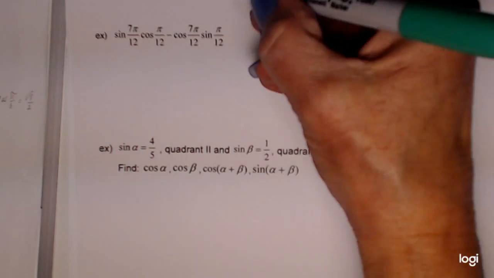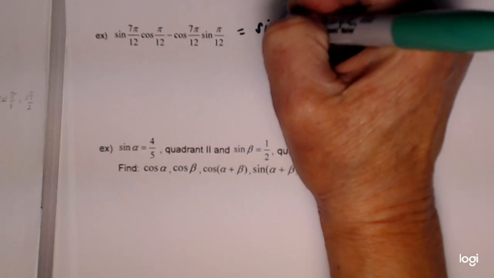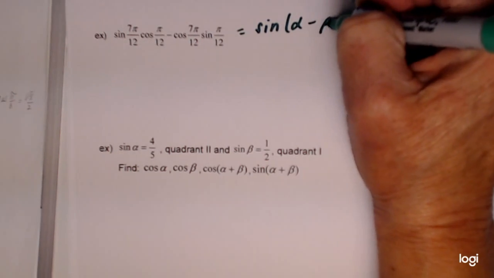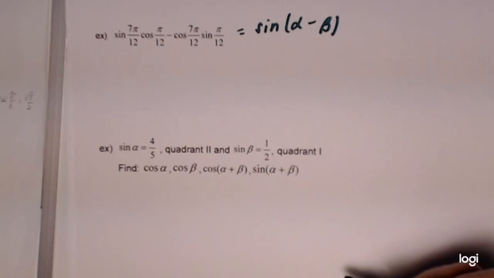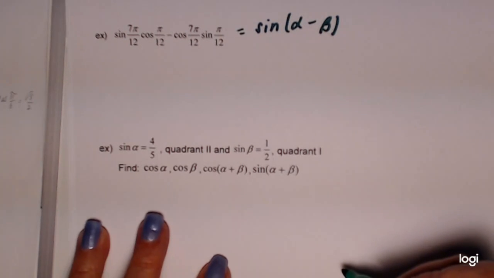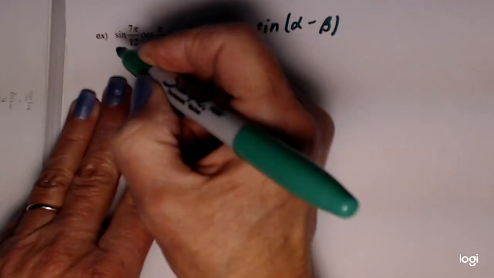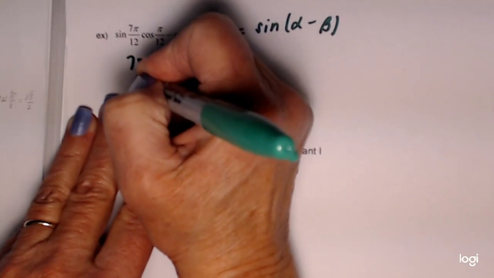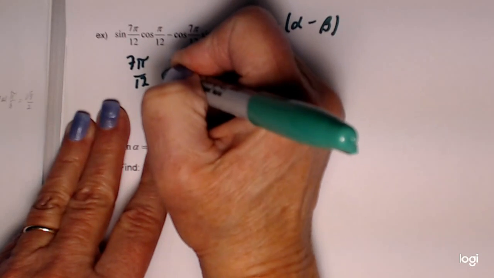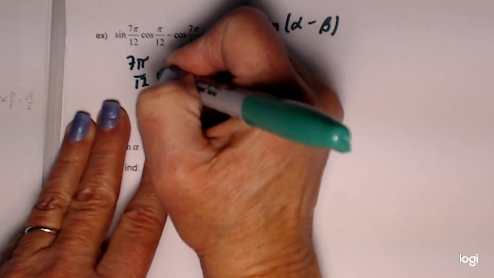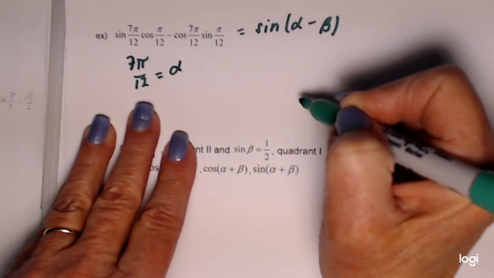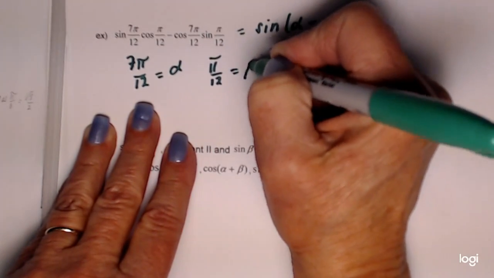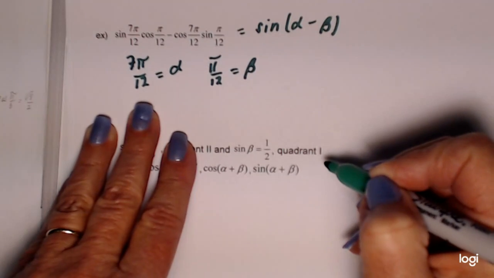So this represents the sine of an alpha minus a beta. Let's identify our alpha and beta. I'm going to say this is our alpha, 7 pi over 12, and our second angle, pi over 12, represents our angle beta.